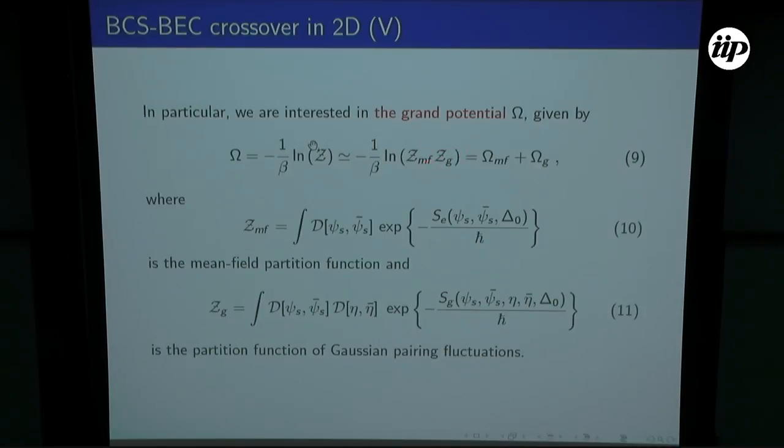I call it capital Z subindex G. And the grand potential, as you know, is related to the partition function by this formula. And so the grand potential can be written as a mean field grand potential plus a Gaussian grand potential. In the mean field partition function appears delta 0. Instead, in the Gaussian partition function, it appears obviously delta 0, but also the integration over the fluctuation etas.